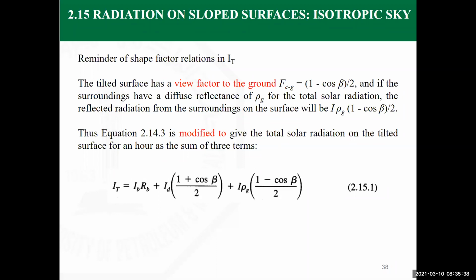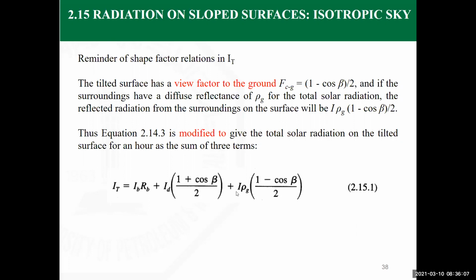So I've seen this expression for the tilted amount of hourly radiation falling onto a surface that has 3 components. One of them is the beam radiation component, and then the diffuse component, the quantity that we have here. Sorry, within the parentheses is the radiation shape factor from the surface of the collector to the sky.